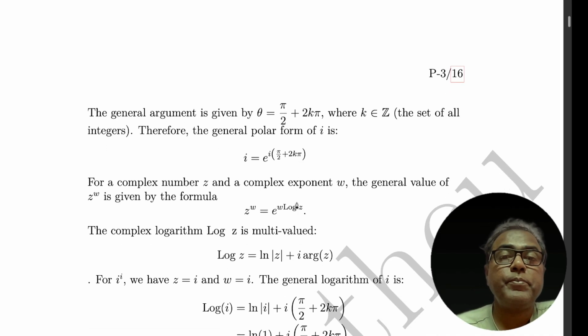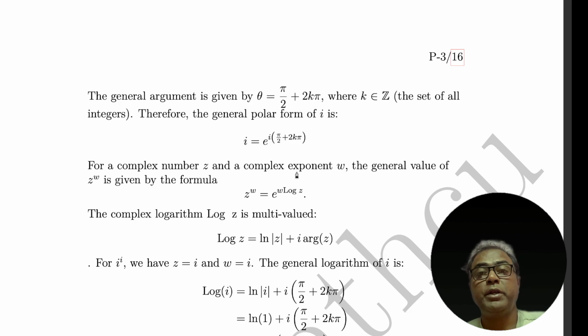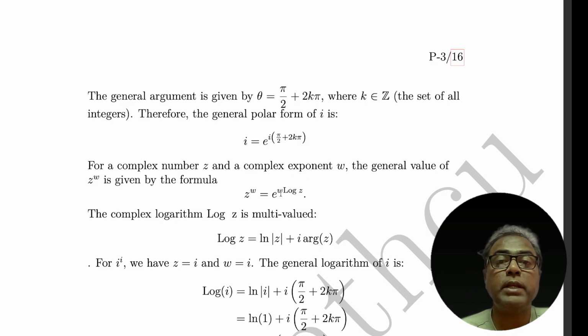For a complex number z and a complex exponent w, the general value of z to the power w is given by the formula z to the power w equal to e to the power w log z. Note that this Log starts with a capital L. Actually, this is the general value of the complex logarithm function, which is a multi-valued function.